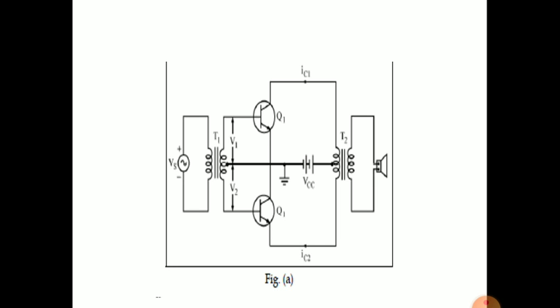The upper portion voltage will be equal to the lower portion of the secondary voltage. And we have VCC which is connected to the center tapped transformer connected across the load. RL is replaced with the center tapped transformer, and again the output load speaker is driven by the secondary of the transformer.